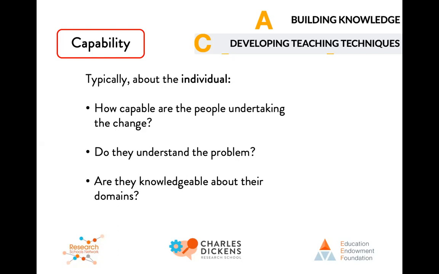Likewise, with our staff in mentoring and line management roles, do they have the knowledge of effective coaching, of best practice, and of all of our trust policies in their domain? Do they know, for example, how to manage difficult conversations? So this will be the starting point for some of our PD design work.